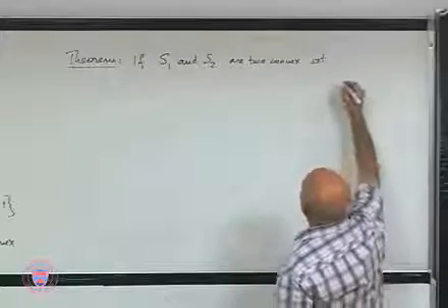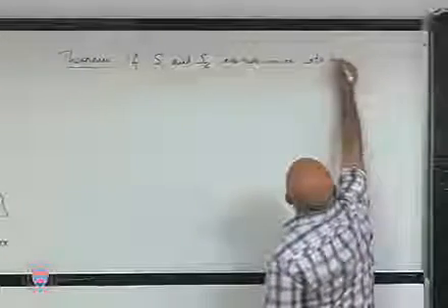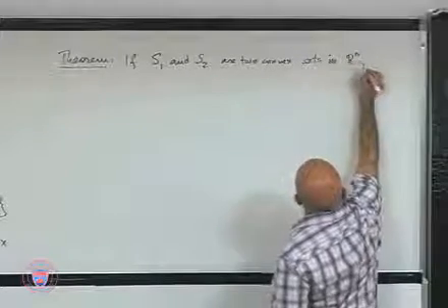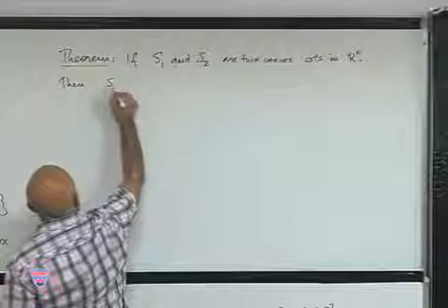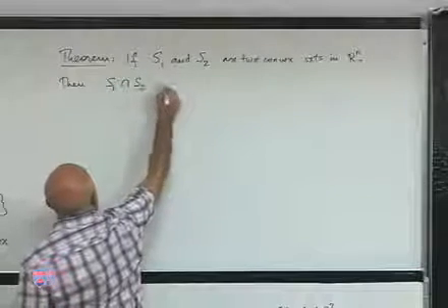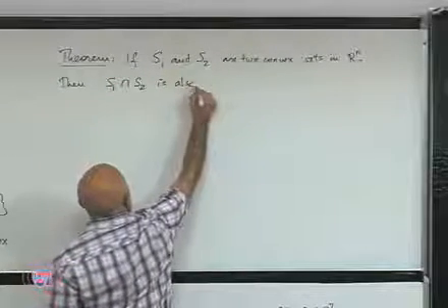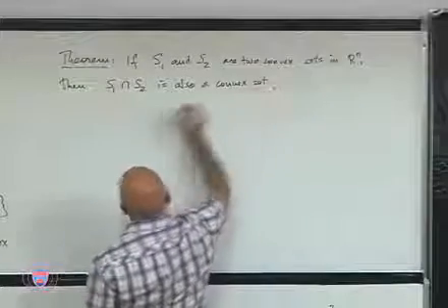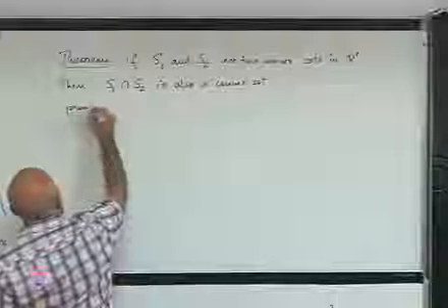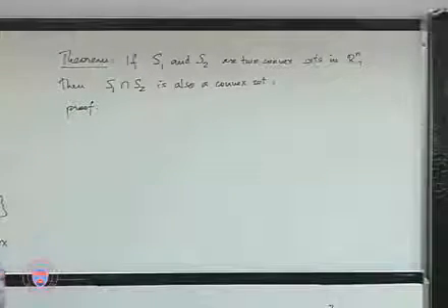If S1 and S2 are two convex sets in n-dimensional space, then their intersection, S1 and S2, is also a convex set. The proof is straightforward.